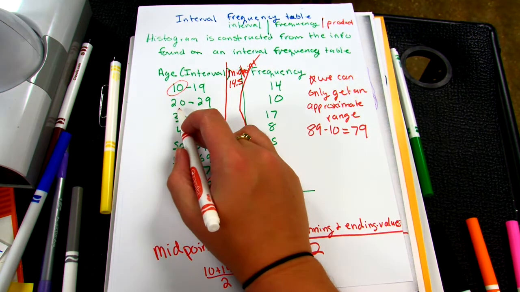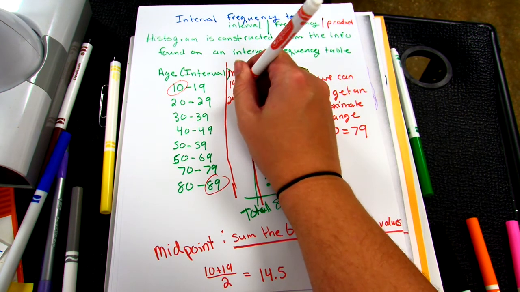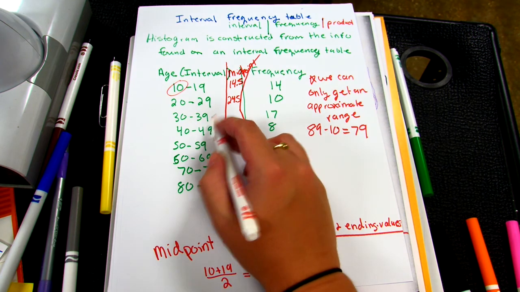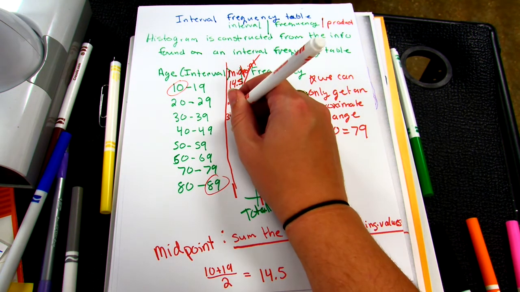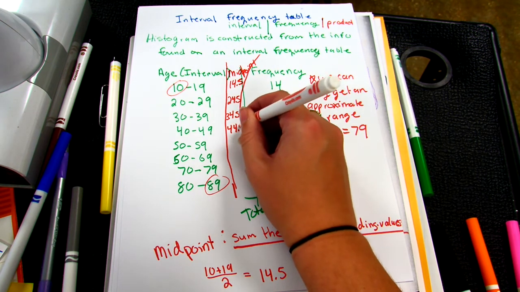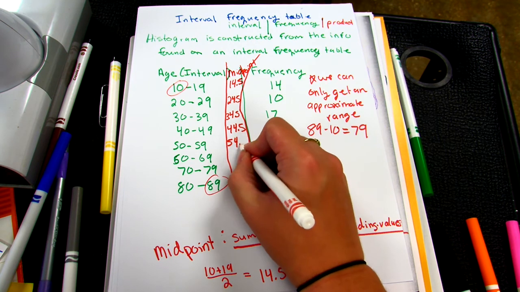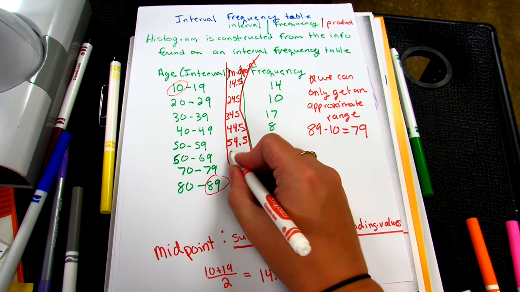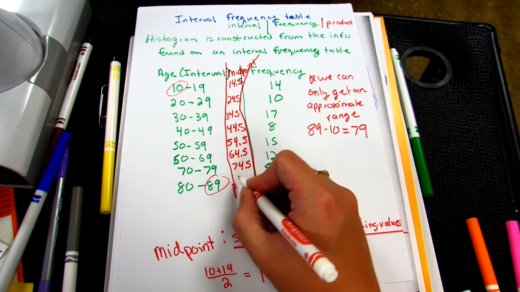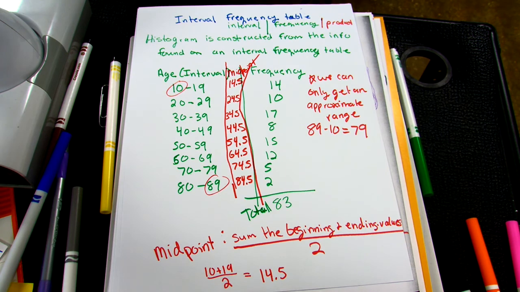Then we would do 20 plus 29 divided by 2. We would get 24.5. Then 30 plus 39 divided by 2, we would get 34.5. You should start seeing a pattern here because all the intervals are the same. So now we have our midpoints.